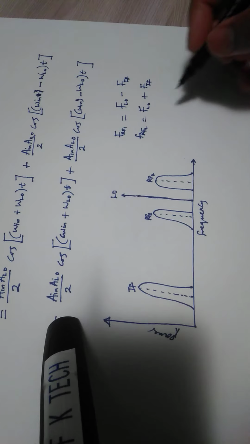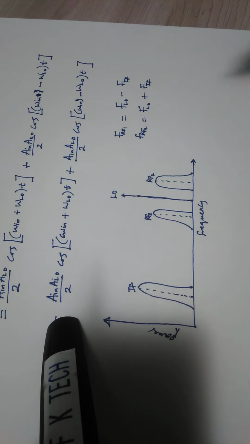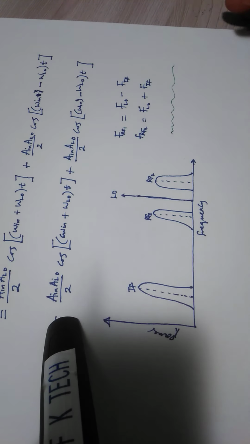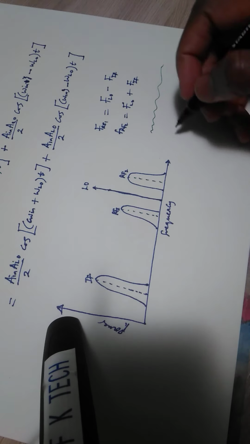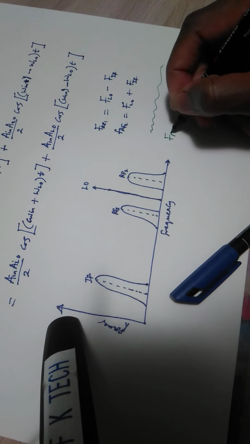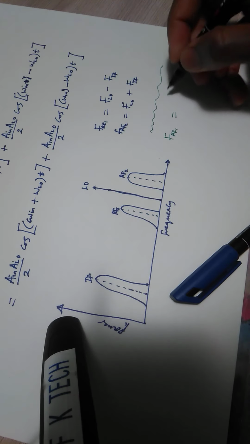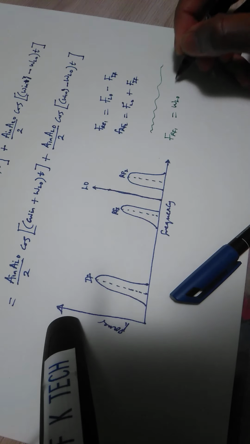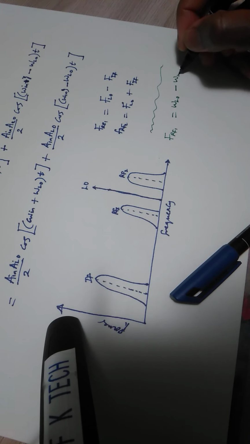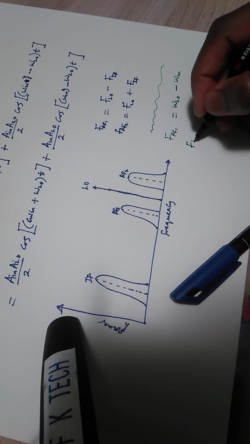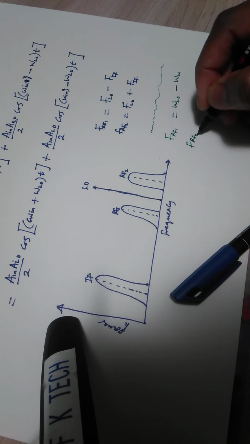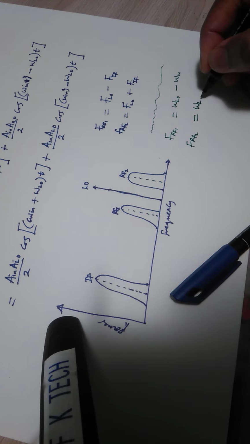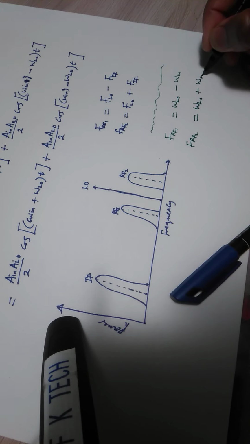So if I want to, I can rewrite this one in this form. You can have F_RF1 will equal ω_LO minus ω_IN, and F_RF2 will equal ω_LO plus ω_IN.